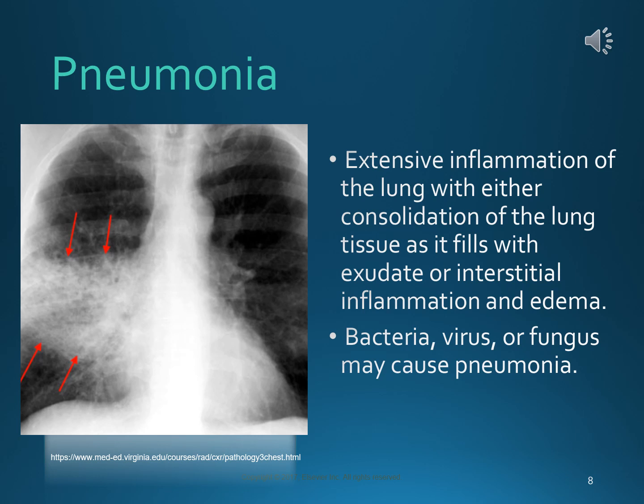It causes the interstitial inflammation. So interstitial meaning inflammation in between the cells, and they become swollen and inflamed with the viral pneumonia. It also tends to be less severe than bacterial pneumonia. Bacterial pneumonia produces the exudate, the sputum that they need to cough up.